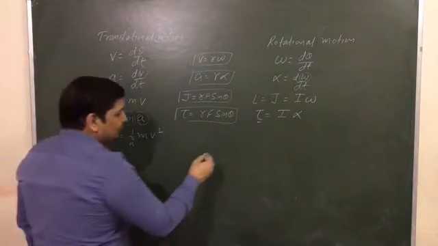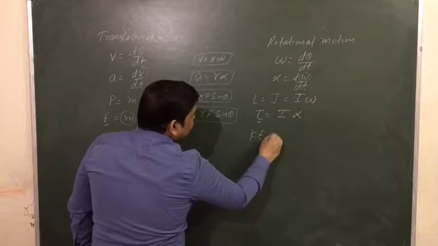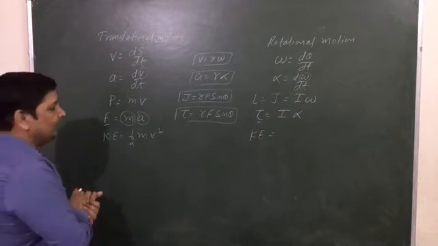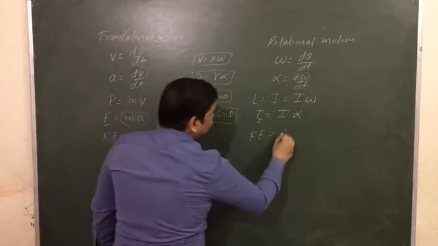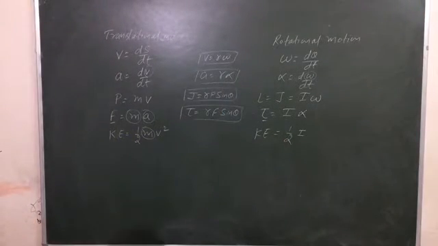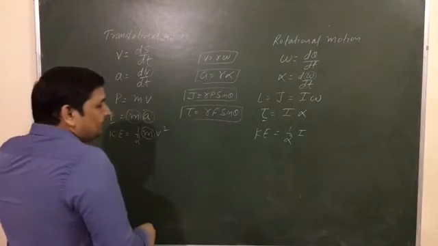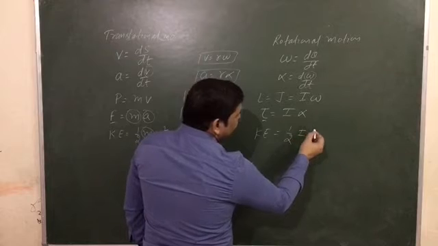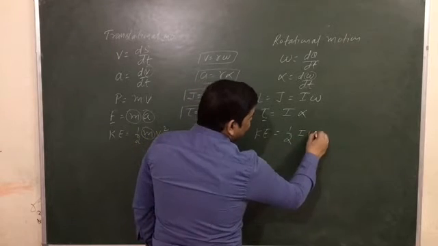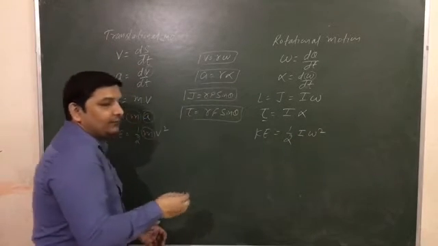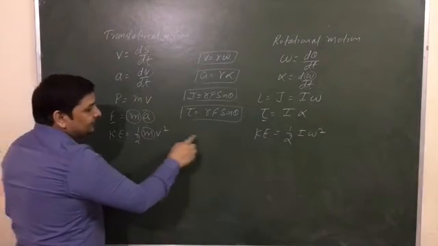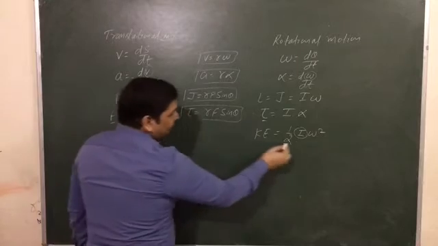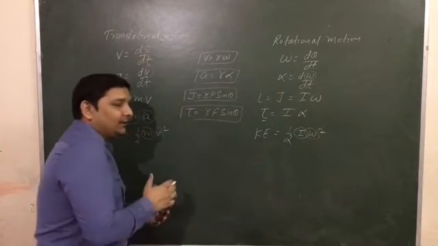And in rotational motion, the kinetic energy of rotation, rotational kinetic energy, is given by half I into omega square. Mass is replaced by moment of inertia and velocity is replaced by angular velocity omega.